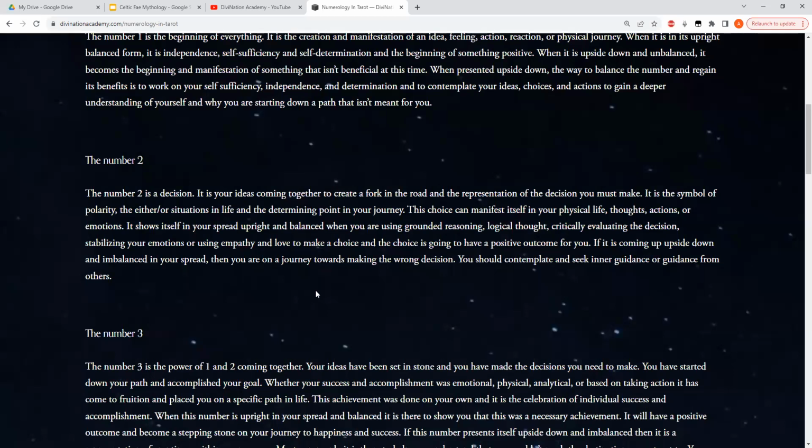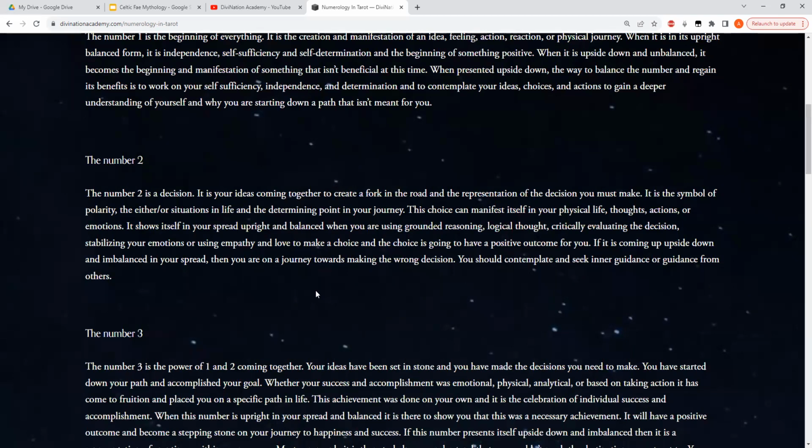But the unbalanced side of the number 2 is that you are on a journey towards making the wrong decision. You should contemplate and seek inner guidance or guidance from others. Now, the unbalanced side of the number 2 can also be exactly what May just said. I wanted to bring it up because I love that May said it. But it could be somebody who is just very indecisive, that they never know what they want.